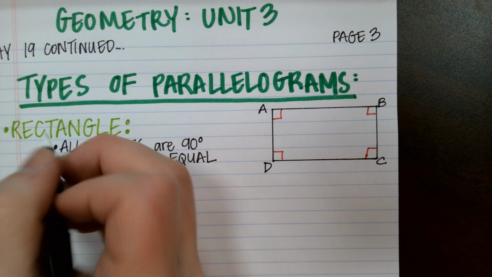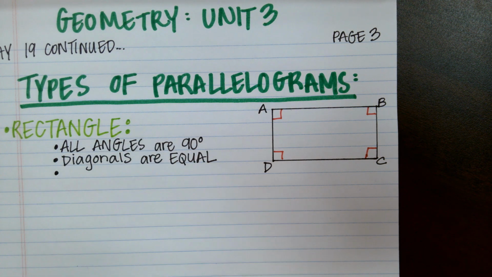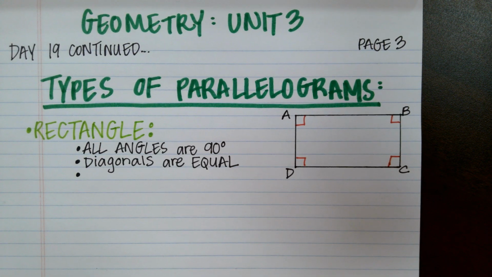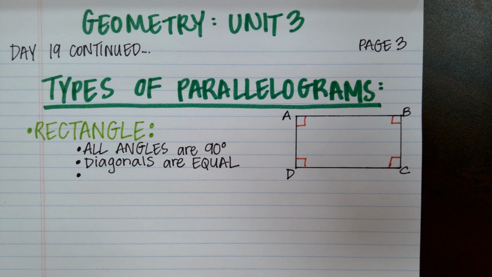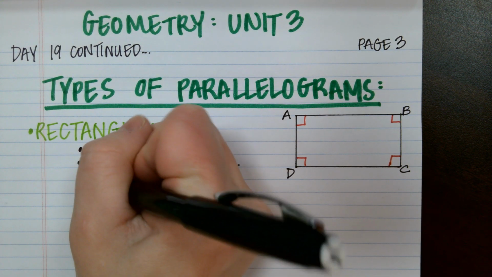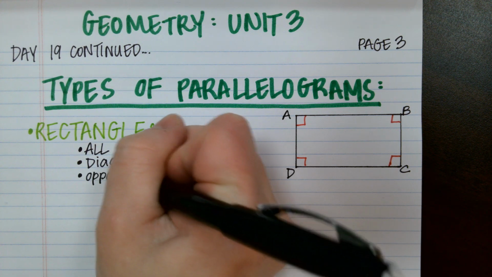You know what? I'm actually gonna add one more note on here, because this part's pretty important too. It is already defined in parallelograms, but I think it's also good to recognize for rectangles that opposite sides are equal.